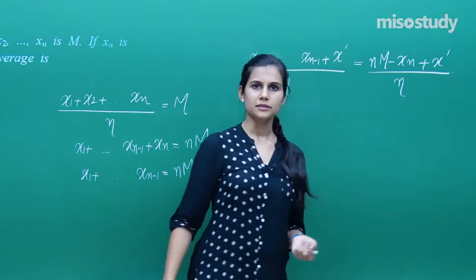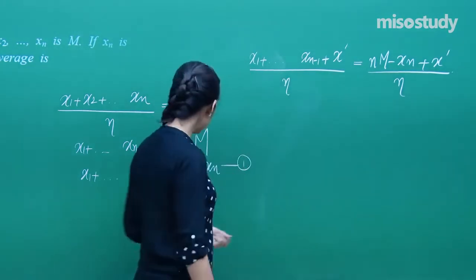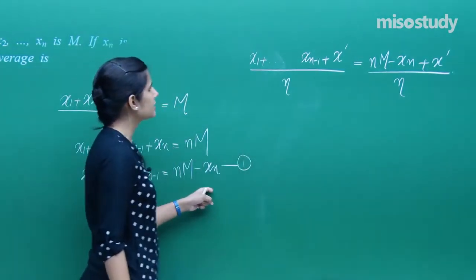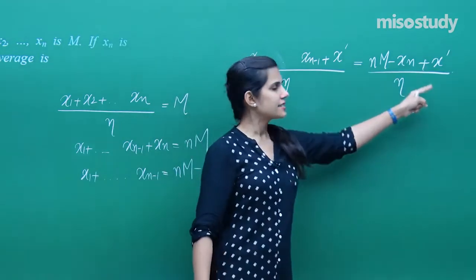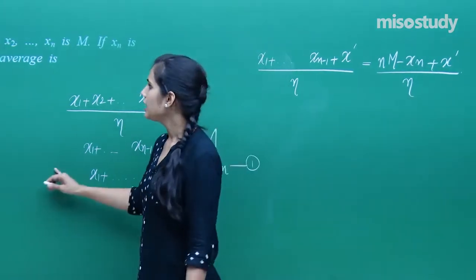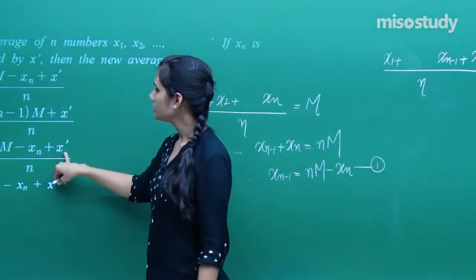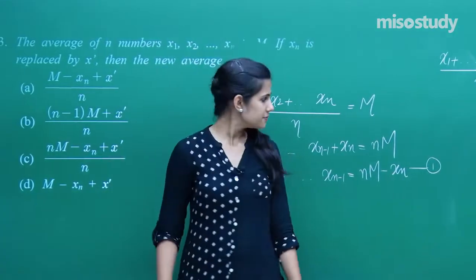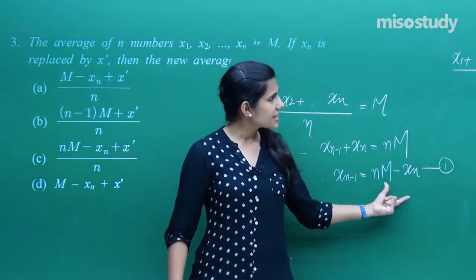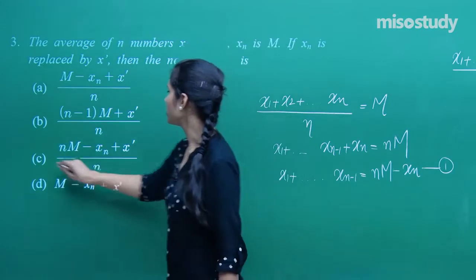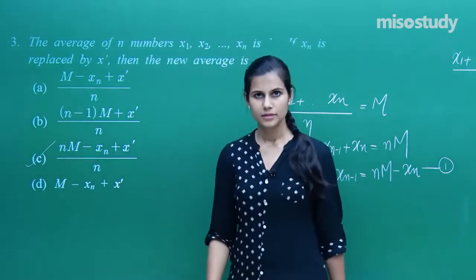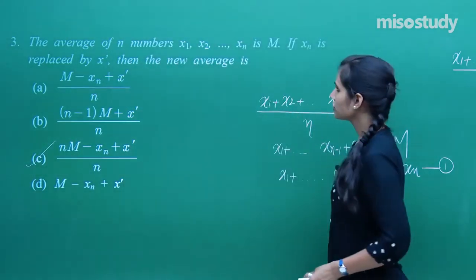And that's your answer. Up till xn minus 1 the sum is this. Beyond it I just have plus x dash whole upon n. And so the answer over here is nM minus xn plus x dash whole upon n. Easy enough. Moving on to the next.